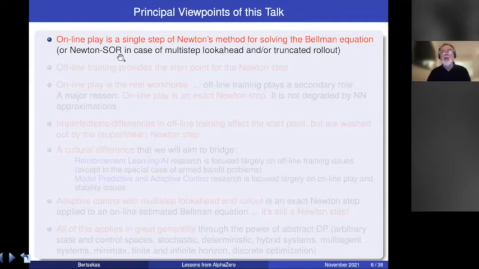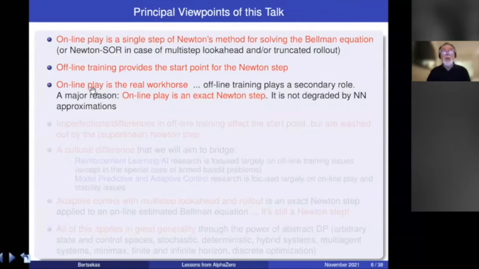In the parlance of numerical analysis, this is called a Newton SOR method. It's a well-known method with a lot of literature. SOR stands for successive over-relaxation. So online play is a Newton step. Offline training, on the other hand, provides the starting point for the Newton step.